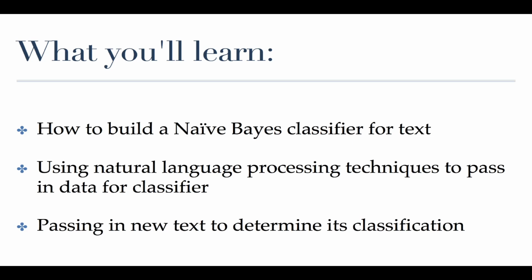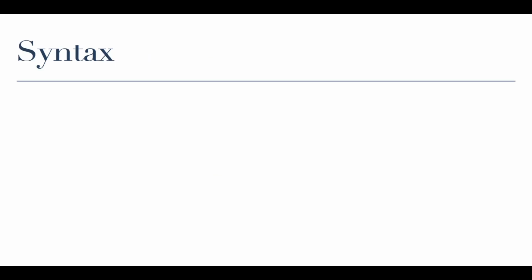We can also use it to determine sentiment, for instance, sentiment analysis, another area of natural language processing. But for now, we're going to build our naive Bayes classifier around all of this massaging that we did in our previous class. So with that, let's go into the code and see how this is all working.